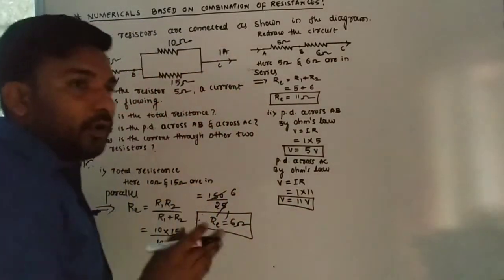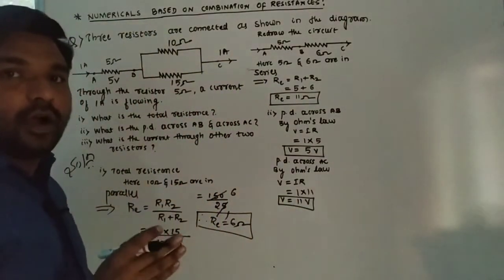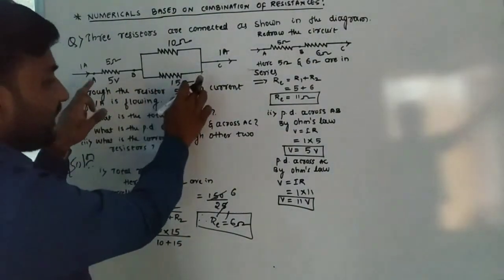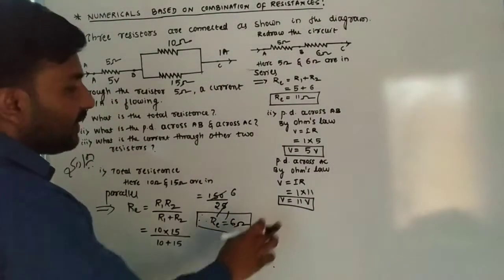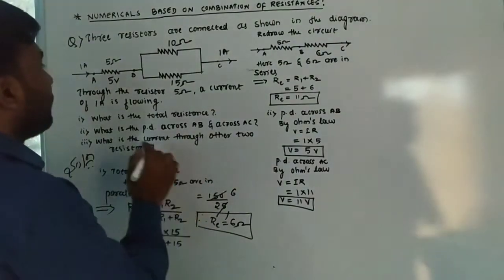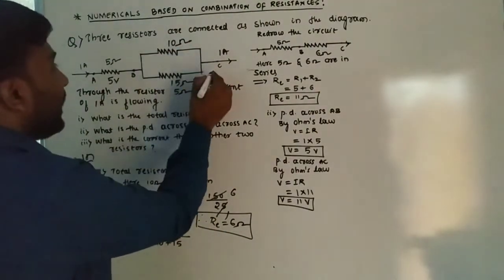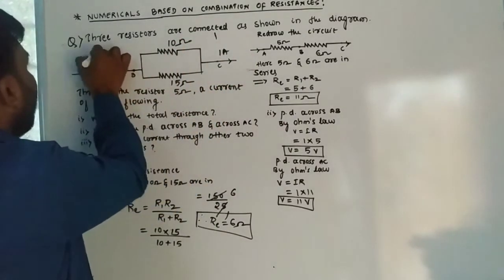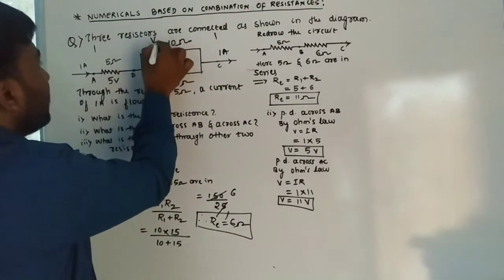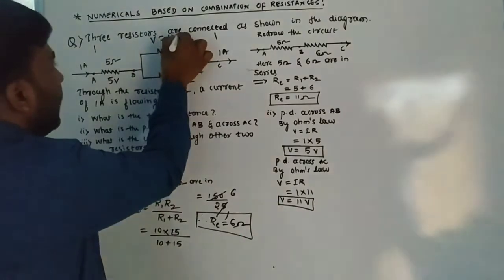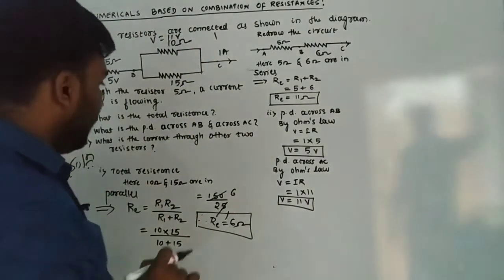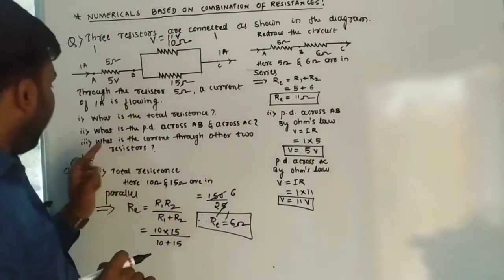So the potential difference across AC is 11 volt. Okay, right. Now next question.